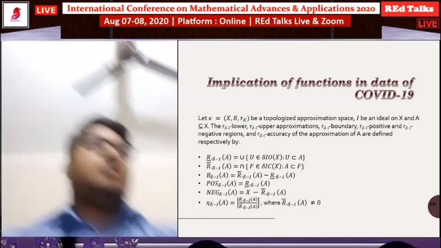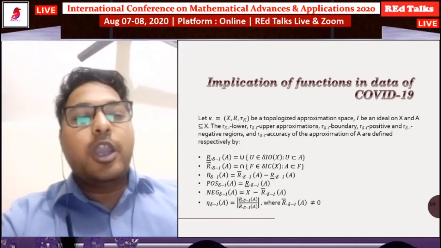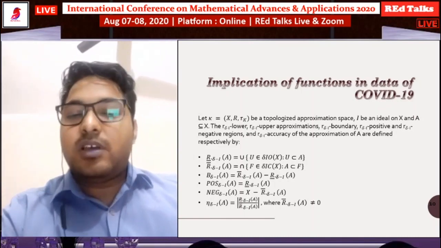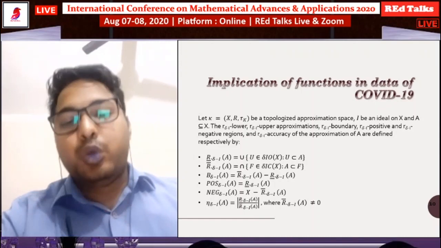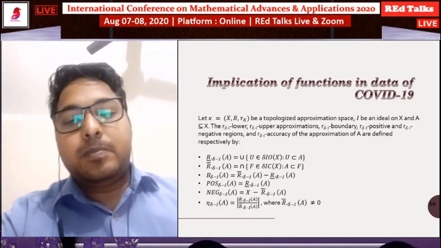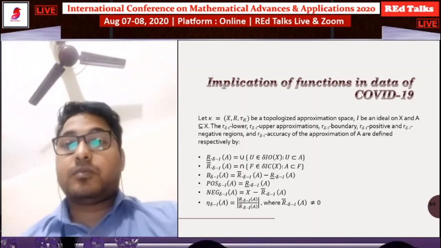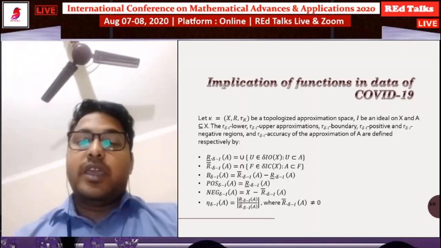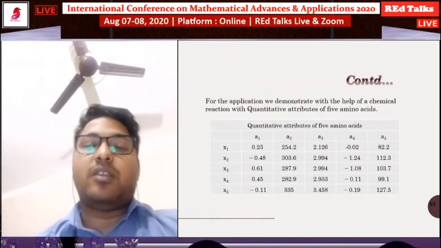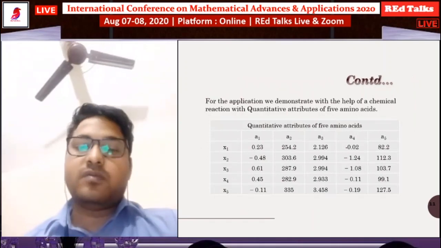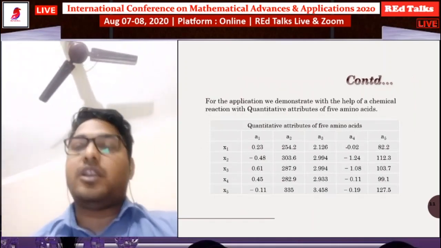Now, let me disappoint you a little bit. We have not given the data of COVID-19 of Haryana because it was too huge to handle in this PPT. Therefore, we have applied those methods on a chemical reaction which has five attributes, basically five different amino acids and their quantitative attributes.